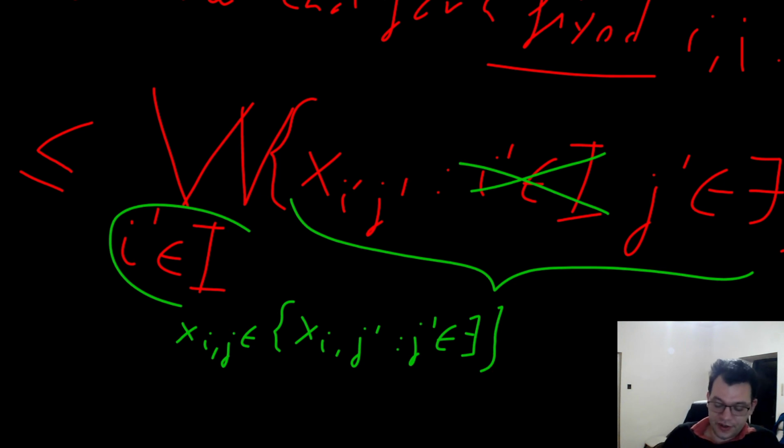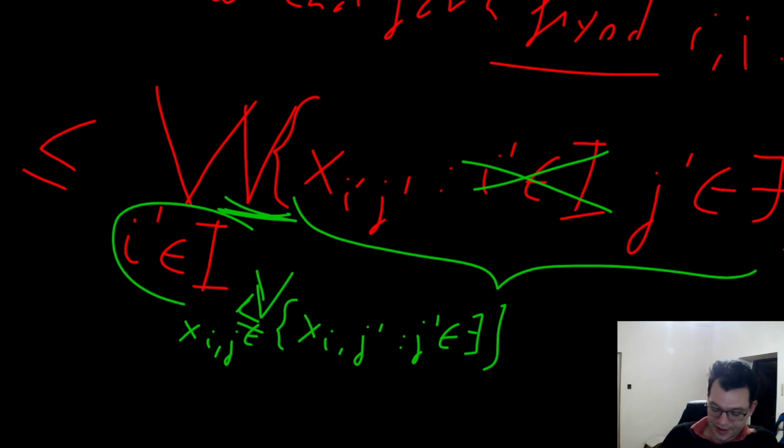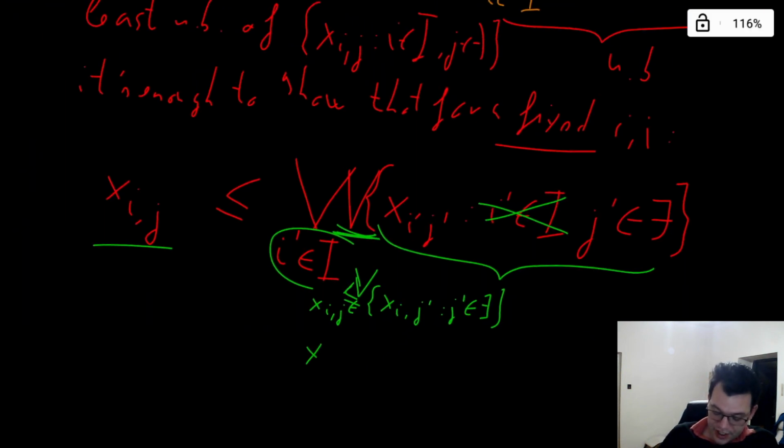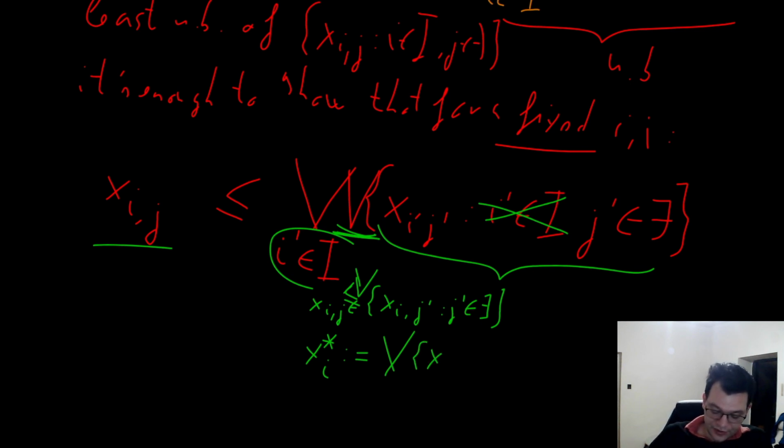Of course, because here j is running through all the set J, it contains the xij as well, which means that the supremum of this set is at least as large as xij, because the supremum of a set is always an upper bound for all the elements of the set, so that's fine. So xij is smaller than or equal to one of these elements. And again, let's just use the term xi star for the supremum of the set of the xij' in J.